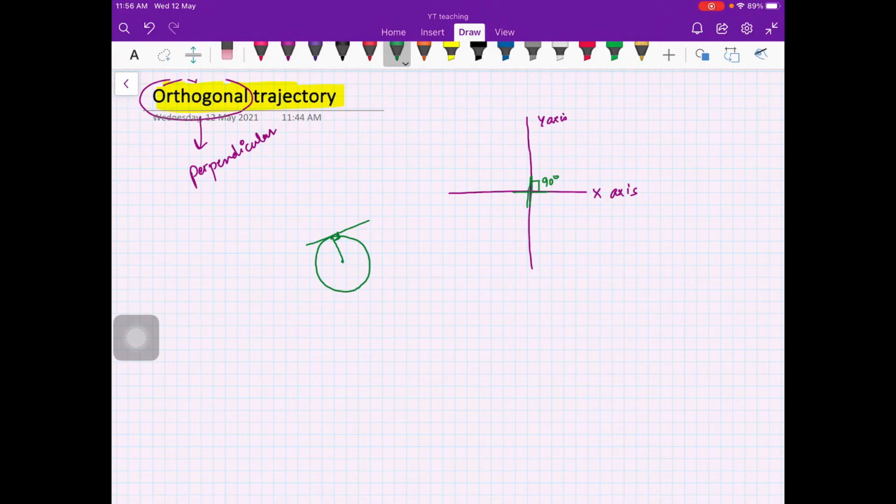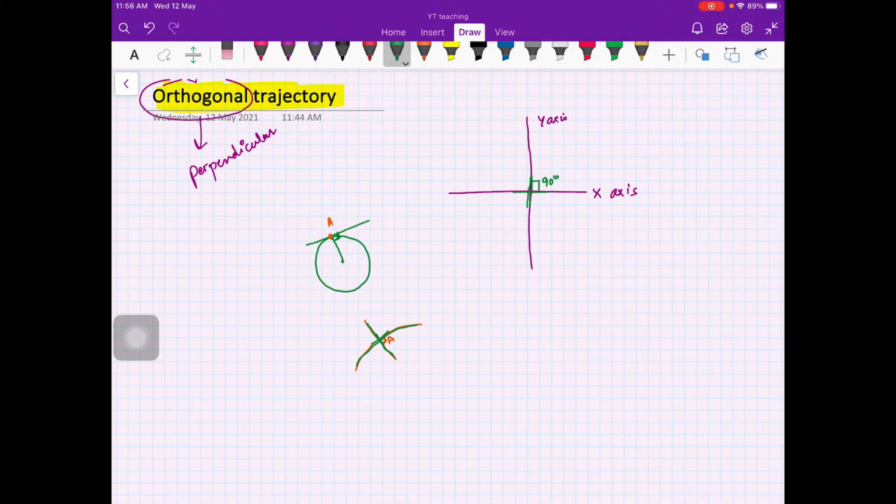At this point, say A, if I zoom in, you have point A and this line making a 90 degree angle. So this line is making a 90 degree angle with the tangent to the curve. Here we say that this particular circle and this line are orthogonal, right?